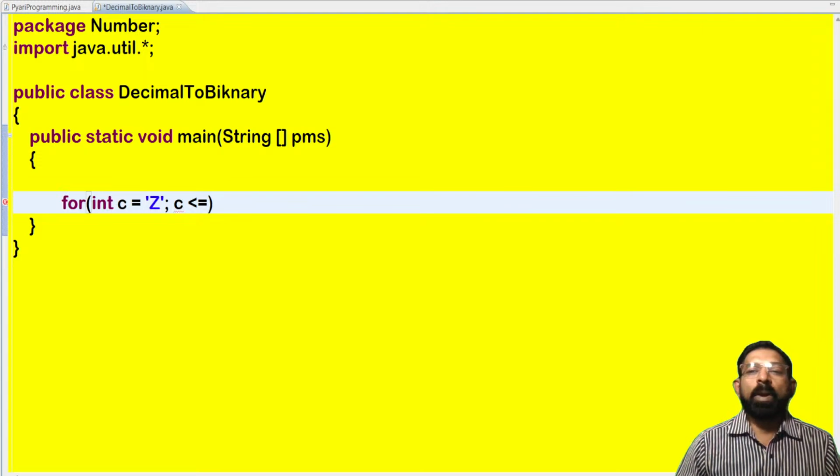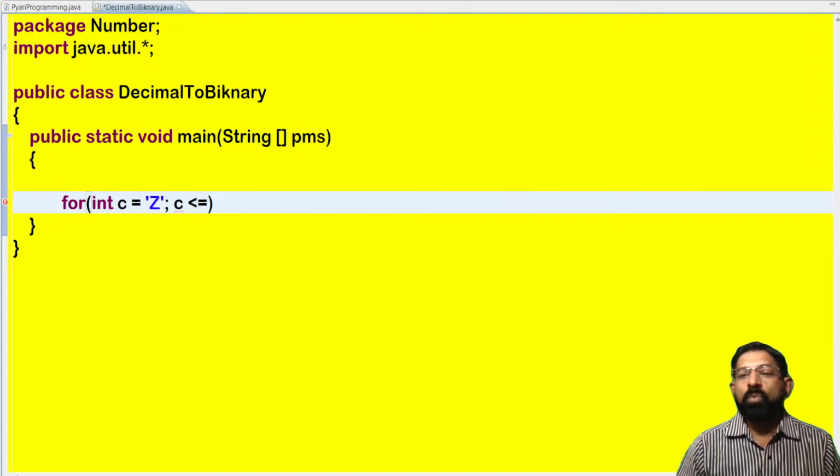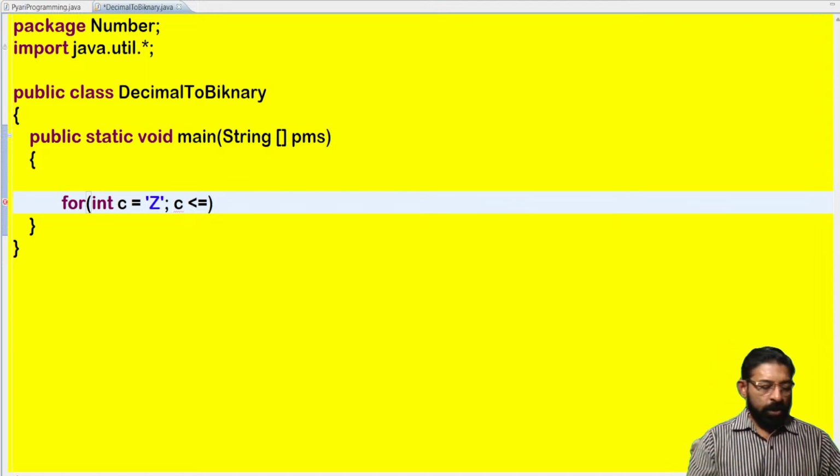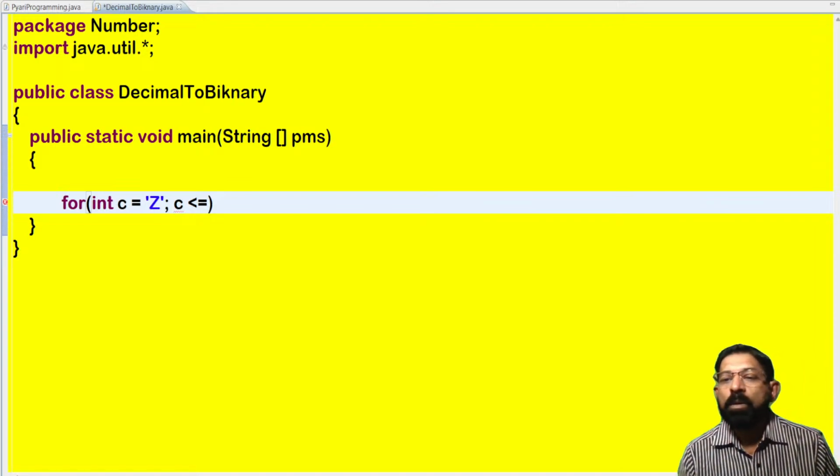What is the next part, beta? Is there any problem? Condition. C is less than equals to W.